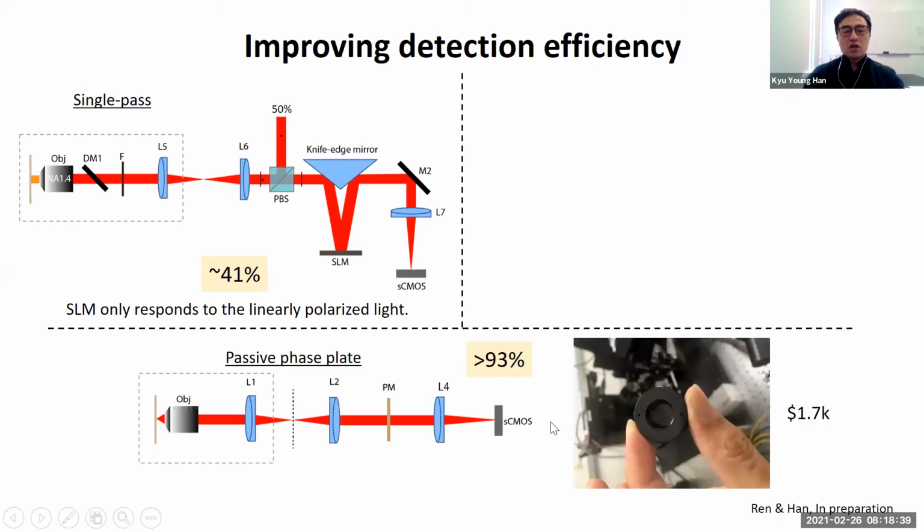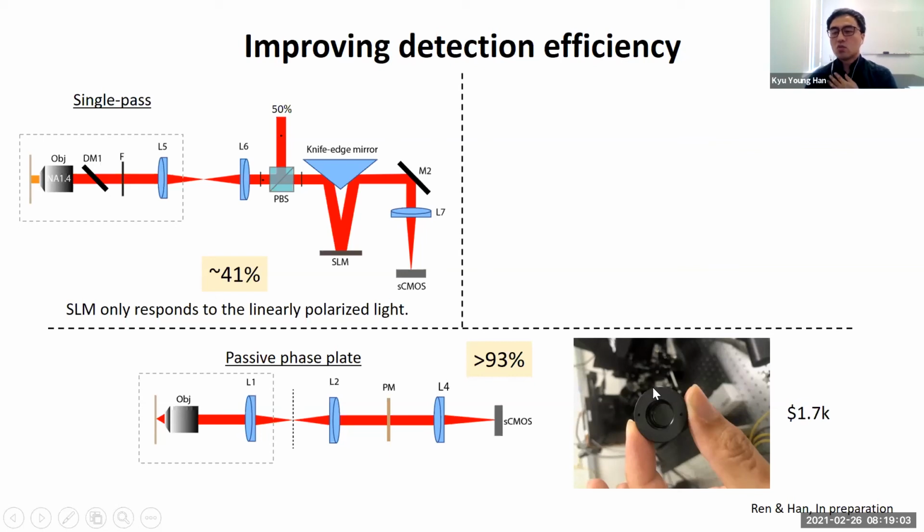However, we can easily achieve more than 90% detection efficiency simply by designing a passive phase plate, as shown here. Then we can just use this as a kind of filter wheel in our imaging system. This is really good. However, we cannot tune the imaging depth.